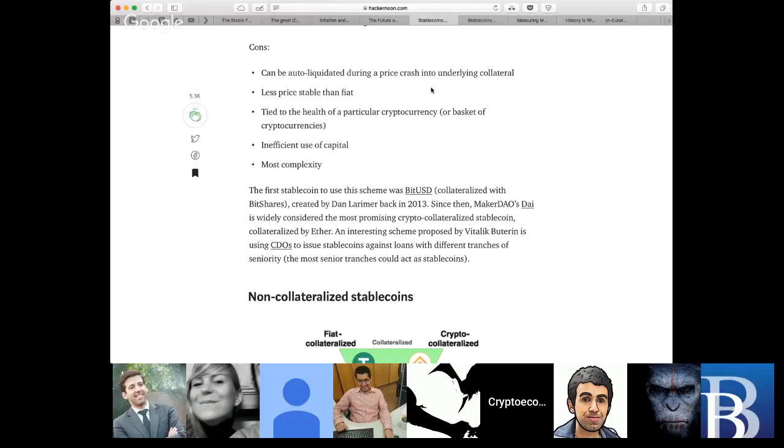Then the third measure used in the case of Maker is a global settlement. If the system cannot handle things properly anymore, there is, if you like, a red button that the community can press, and everything will be force liquidated.